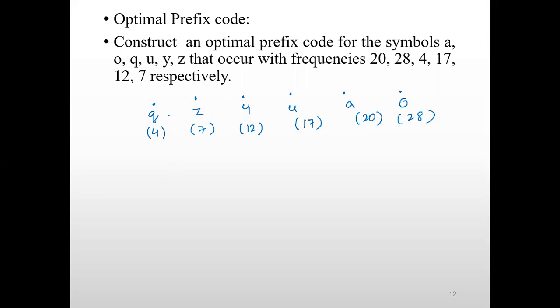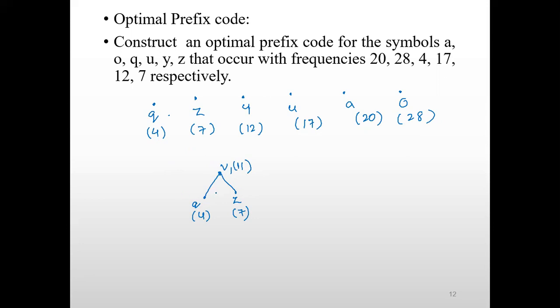Again, we need to add the two minimum weights, that is Q and Z with weights 4 and 7. Hence, we need to add them and assign to a new vertex. So here we will consider the new vertex as V1, and we are adding the two minimum weights, Q with the weight 4 and Z with the weight 7, and we are going to get the new weight as 11.